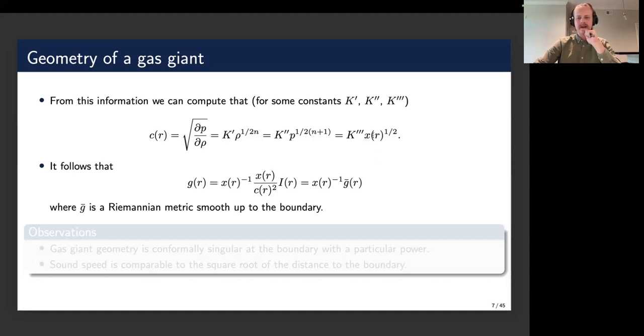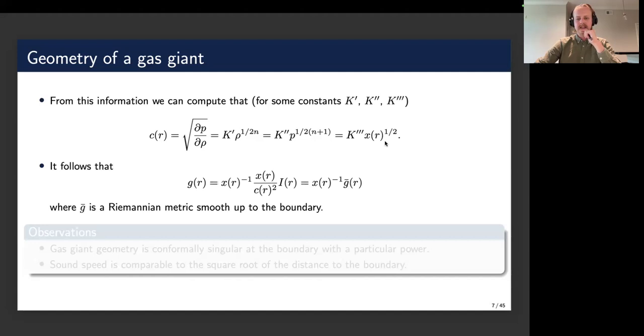In particular, you see that there is some constant k prime times x to the power 1/2. And this x was a very particular type of function. Our model was that our Riemannian metric is radially conformally Euclidean. So we can do a little computation and divide and multiply by this x function.